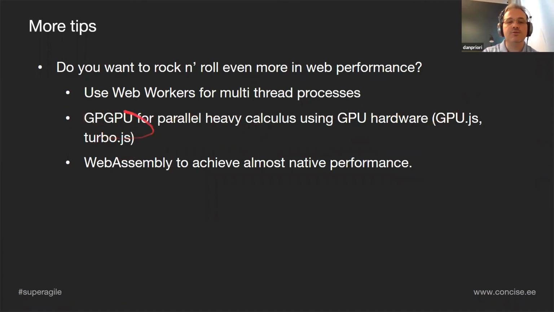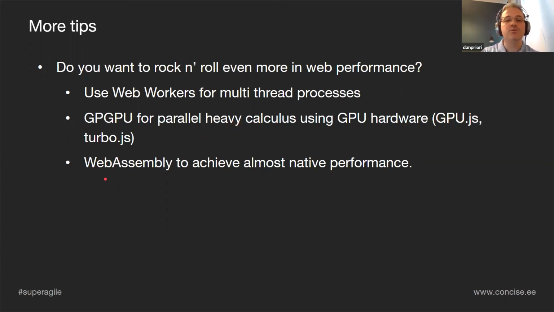This strategy is to use the graphics card of the client computer to process some heavy calculations instead of the CPU, because sometimes the GPU is much faster for this kind of calculation. But of course, depending on the case, you need to analyze. But please take a look. These frameworks are amazing tools for heavy calculations.